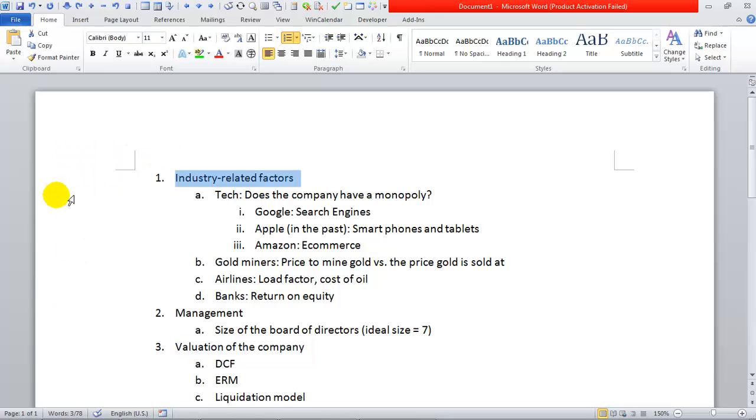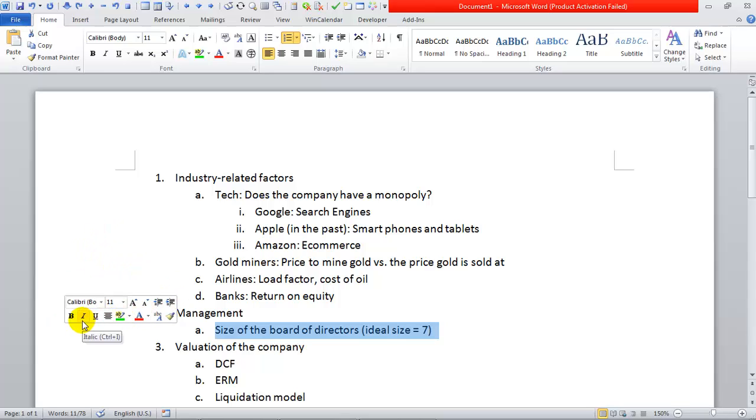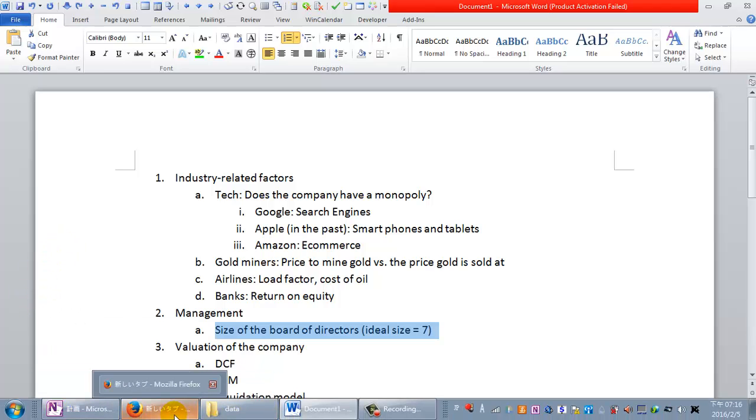Industry-related factors are talking about long-term trends generally. Like if you have a monopoly, you probably won't have competitors for quite a while. And management tells you how quickly the company can move. But of course, a company is not going to move like within a day. If they're going to change things, it's going to be a rather slow change. Even though I'm using the term quickly, the changes don't come very, very fast in terms of your lifetime.